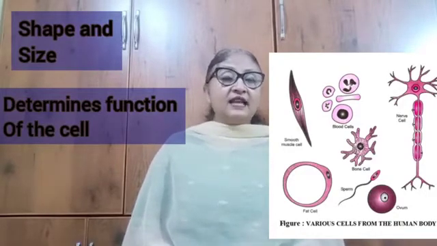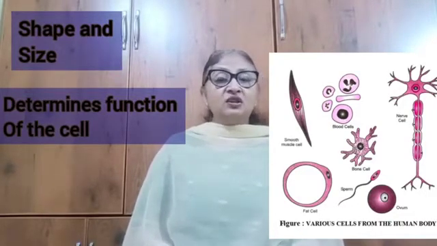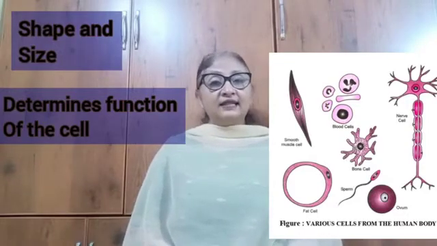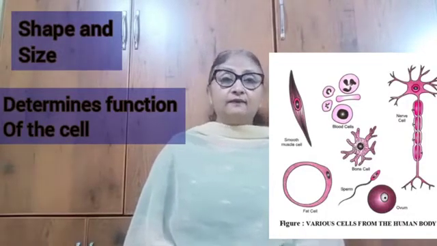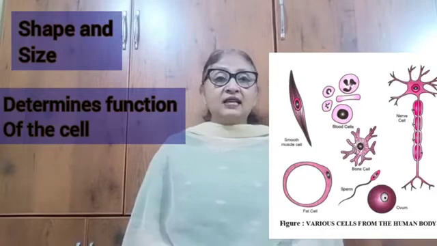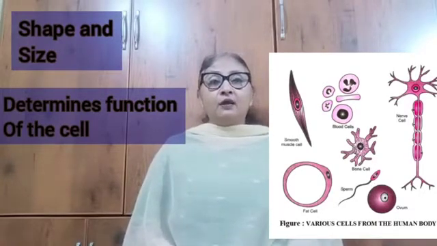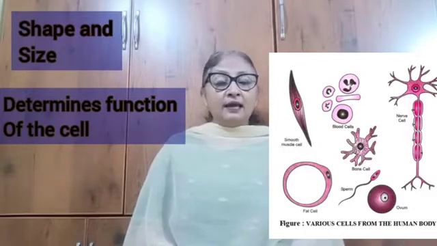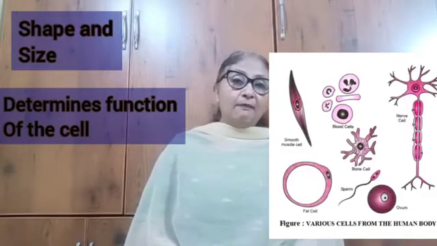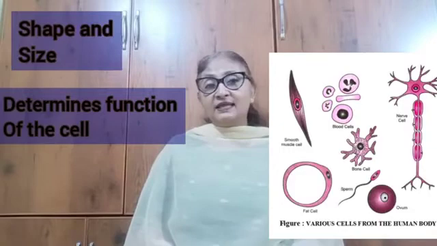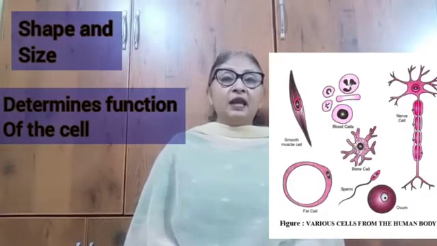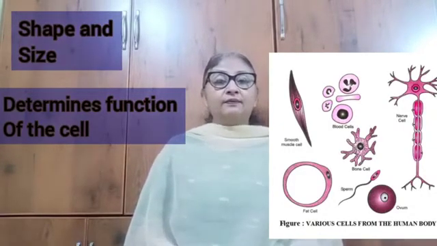Neuron or the nerve cell is branched and elongated. It sends and receives messages. Ovum is spherical. It is the female gamete. While sperm is tiny and it has three parts: head, middle piece and tail. It is the male gamete.